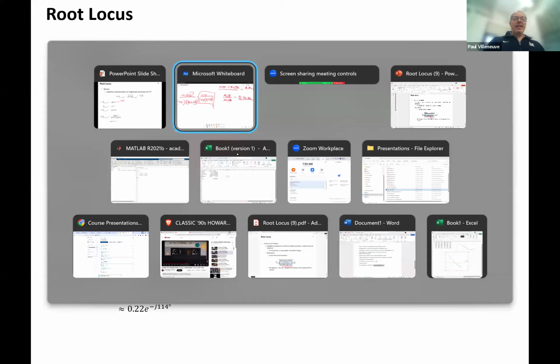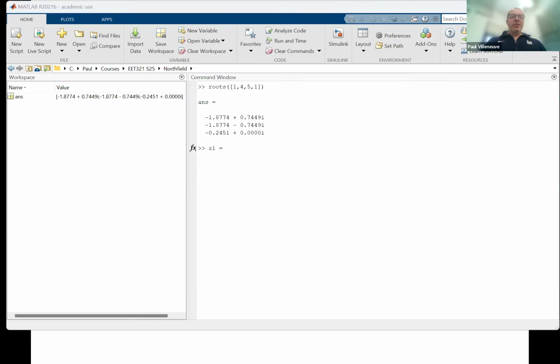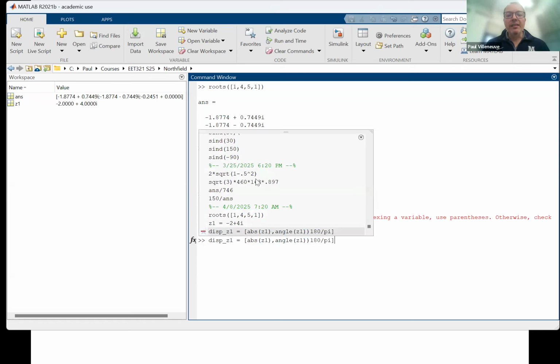Now, let's enter that into MATLAB. We'll call it Z1 equals -2 plus J4. Now I want to double check if I get magnitudes and angles. So the display for Z1 is going to be the absolute value of Z1 and the angle of Z1 times 180 over pi.